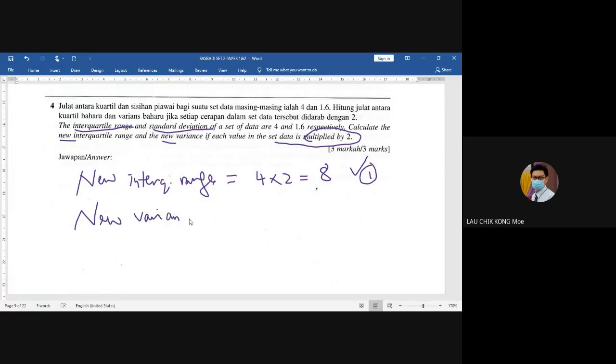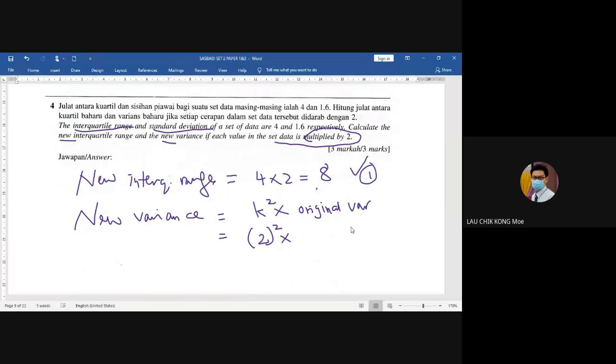But new variance, many of you are wrong. Okay, apa yang awak buat itu ialah standard deviation cara. Kalau variance, you still remember k square times original variance. Okay, so the k is the 2. 2 square times, we don't have a variance.